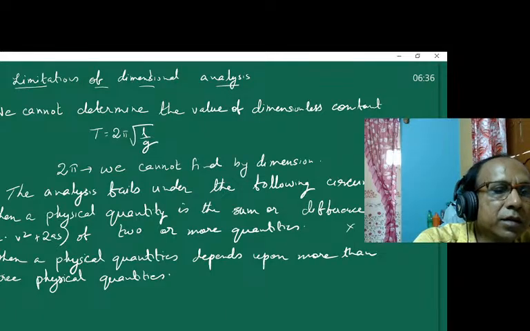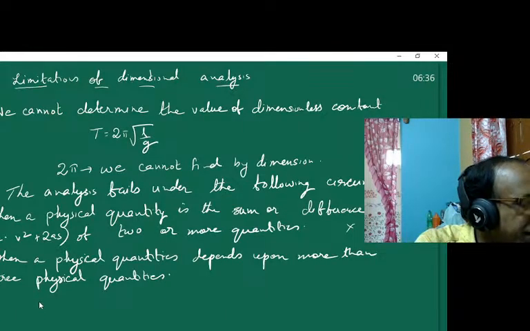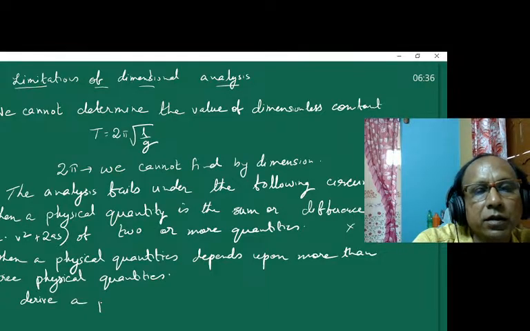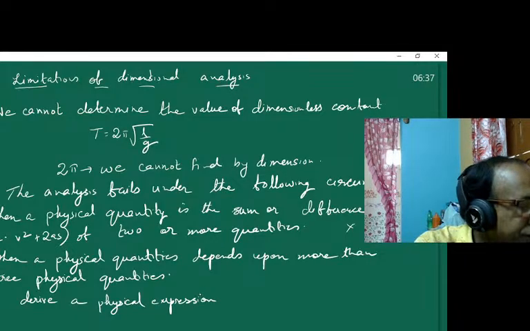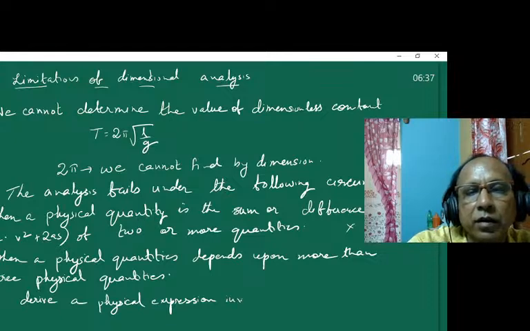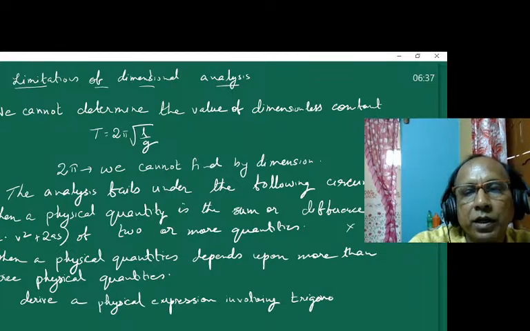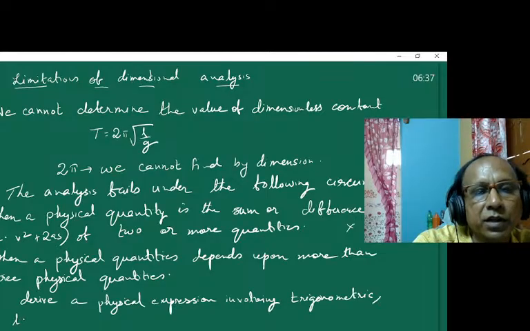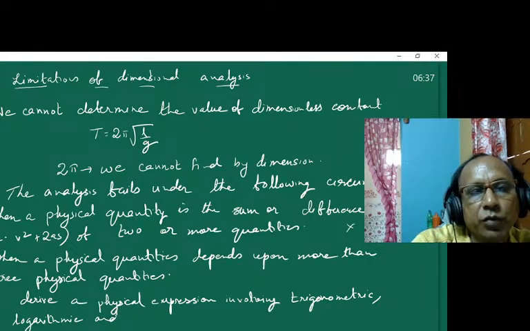And number three, what we get here is that we cannot derive a physical expression involving trigonometric, logarithmic and exponential functions.